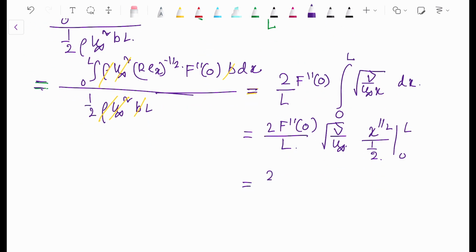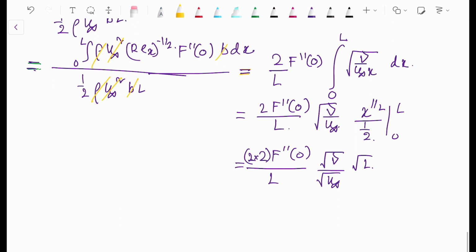So 2 and 2 will be 4 by l, root nu by root u infinity into root l, and this cancels with this, so this will be root l.